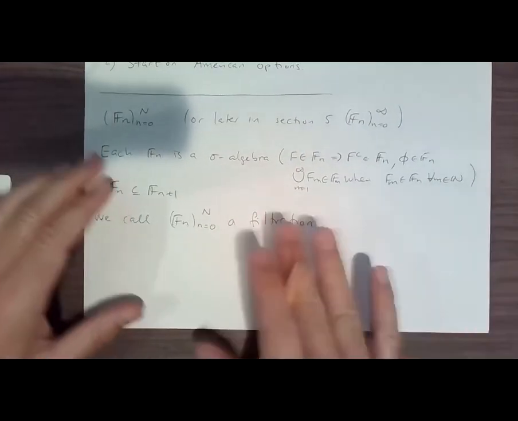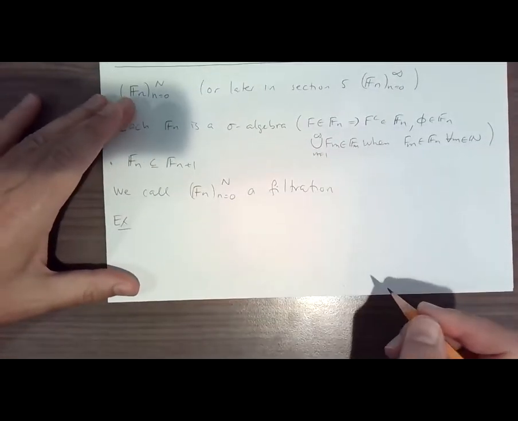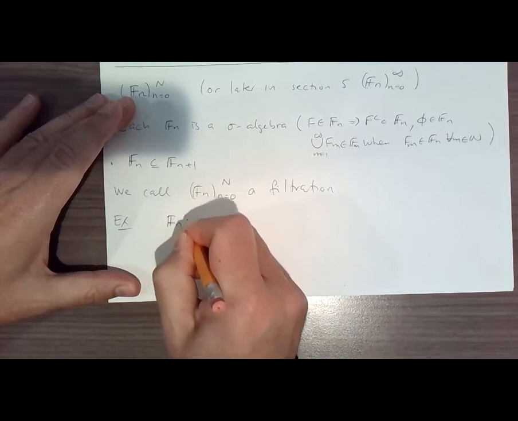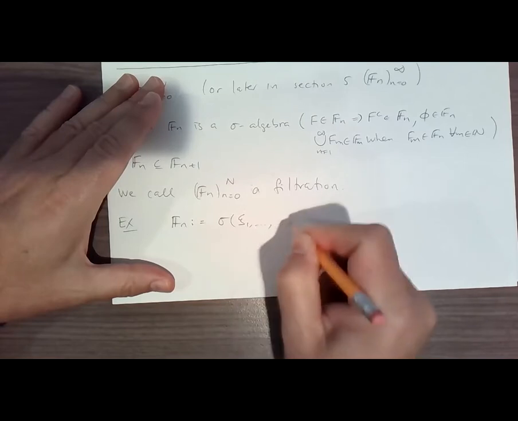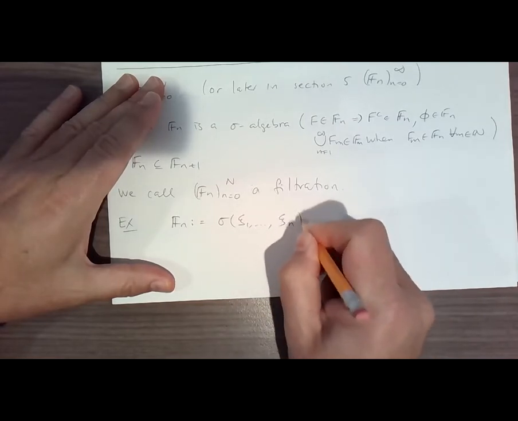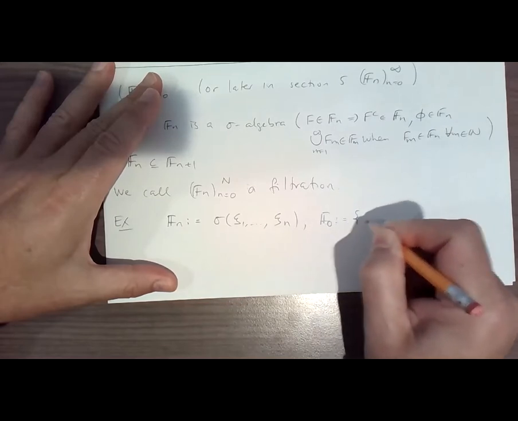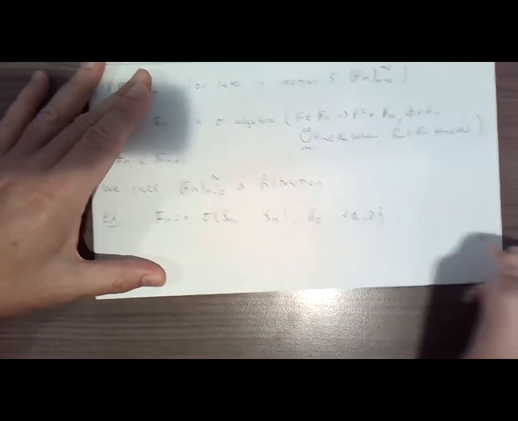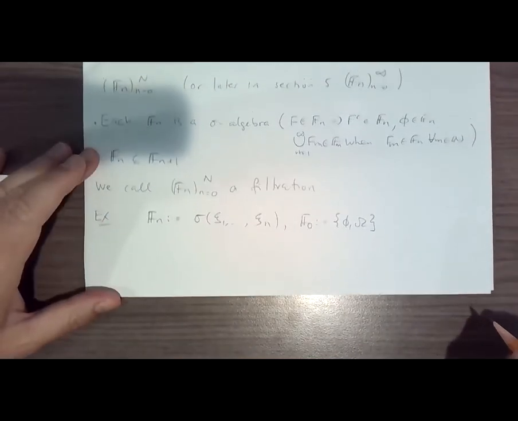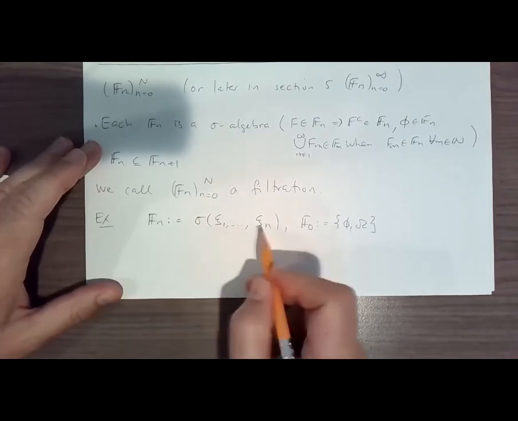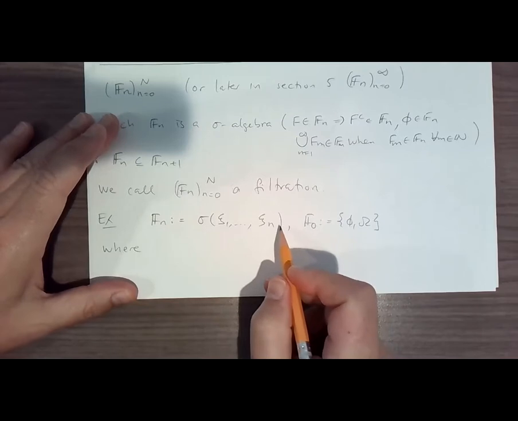Okay, so we talked a bit about this, and of course, for us, the main example that we have is when we take Fn to be the sigma algebra generated by psi1 up to psi n. We take the initial one to be just a trivial one. So what does this notation here mean?